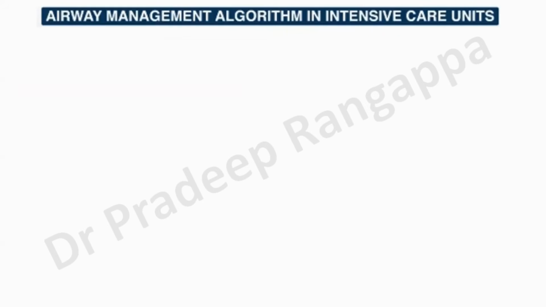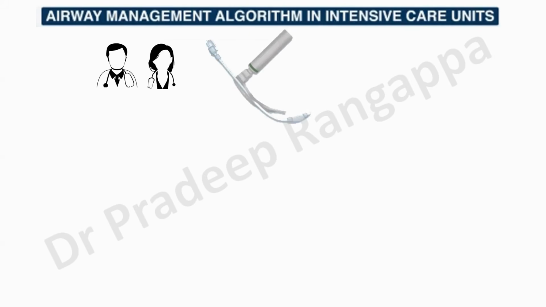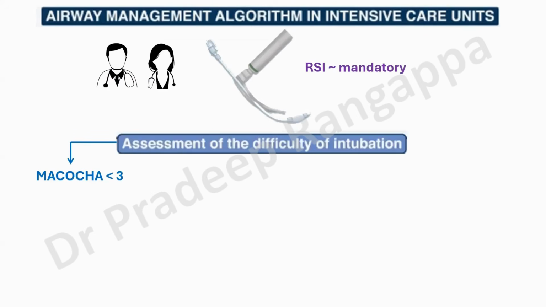When you look at the airway algorithm in emergency or ICU, one needs to have all the gear in place: laryngoscope, ET tubes, stylets, bougies, Guedel airway, and always have 2 operators whilst intubating, and RSI is mandatory. Assess for difficult intubation; if Mallampati is less than 3, which means it's an easy intubation, go ahead and intubate.